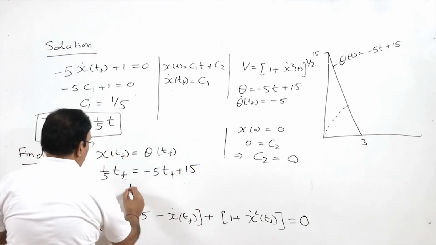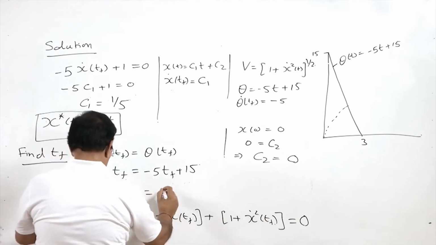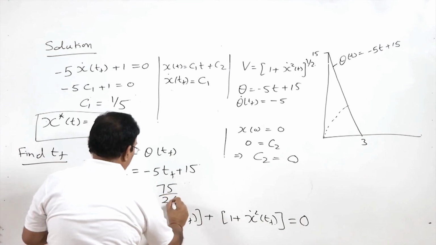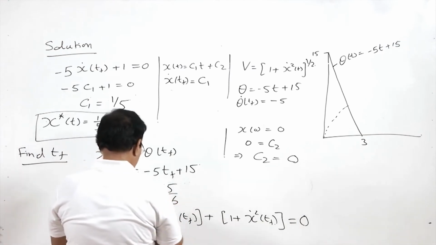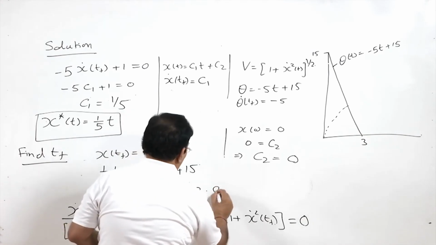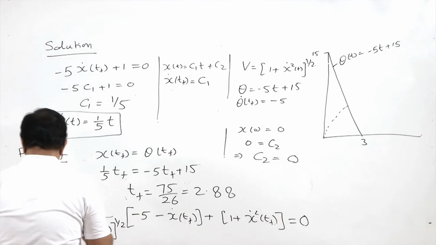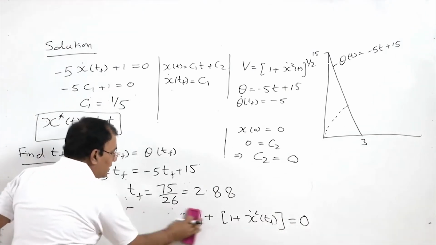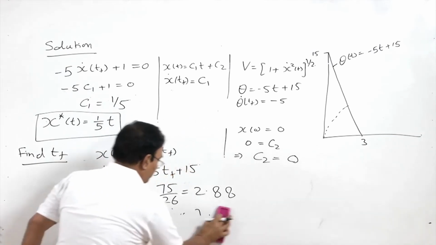This gives tf equal to 75 by 26, which is equal to 2.88. So, using this, this will be my final solution.